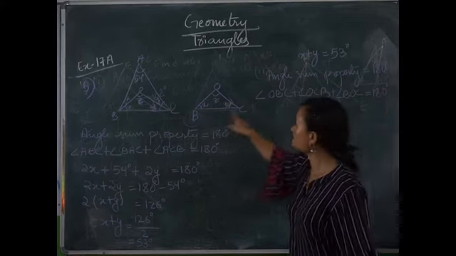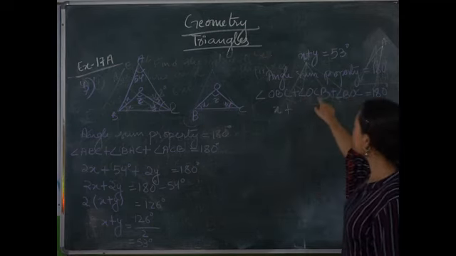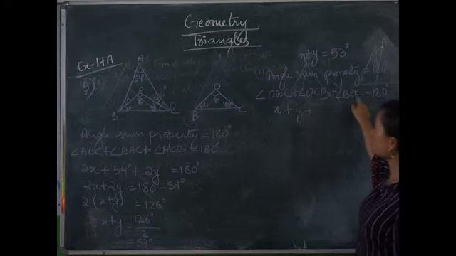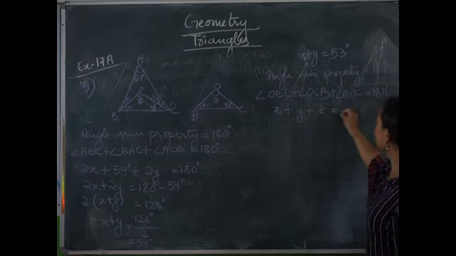Now OBC, as you can see, is x. OCB is your y, and BOC given is z, which is equal to 180 degree.